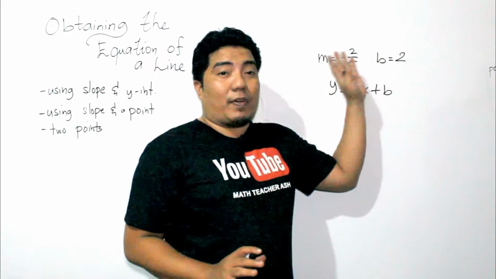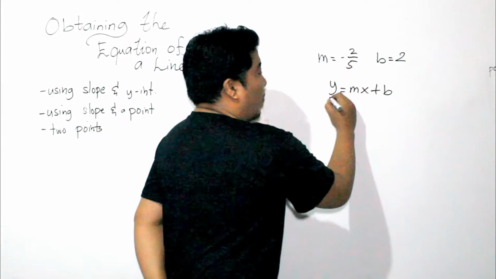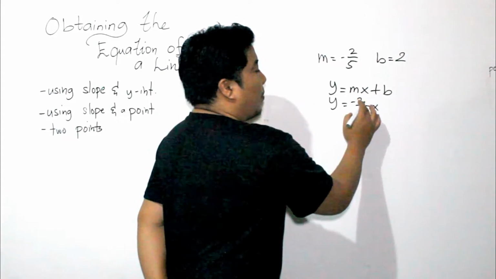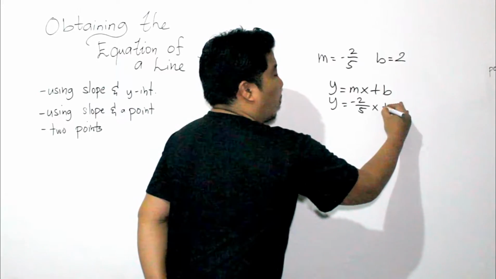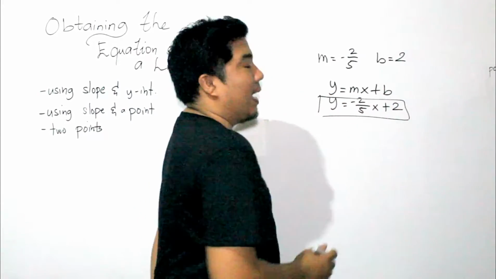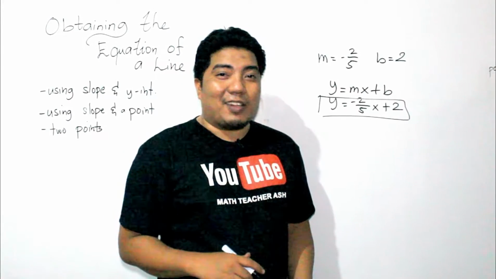And by the use of our given, that is our slope, negative 2/5, what we have is just substituting our m with negative 2/5 and our b, which is the y-intercept, as positive 2. And you have your answer. Easy, right? Now, let's consider another example.